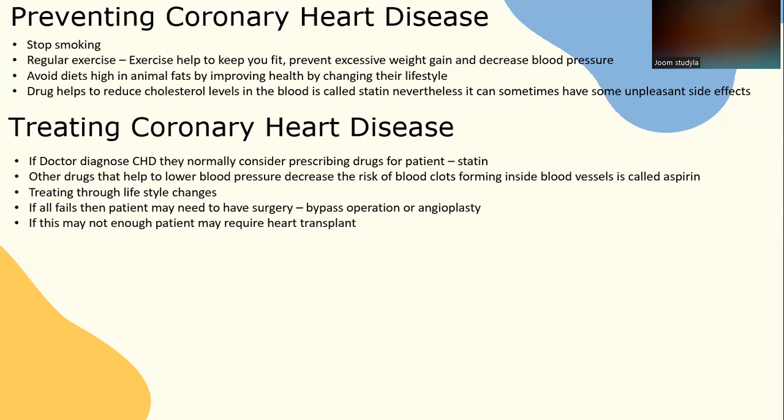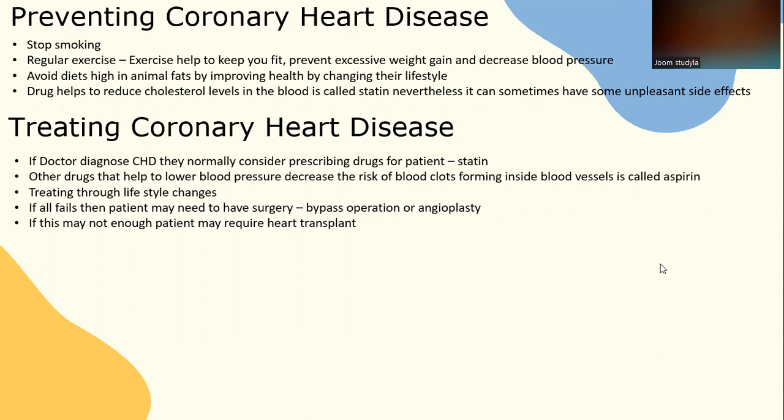And let's say you have tried to prevent, but you are still facing coronary heart disease, the doctor might advise you to take drugs like statin. Other than that, there is a drug that can lower your blood pressure and decrease the risk of blood clots. They call it aspirin.